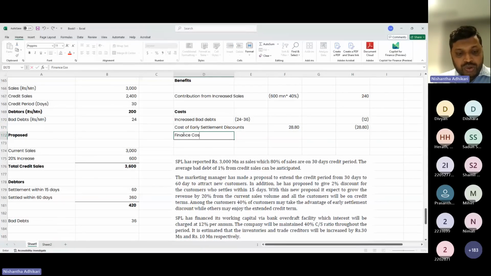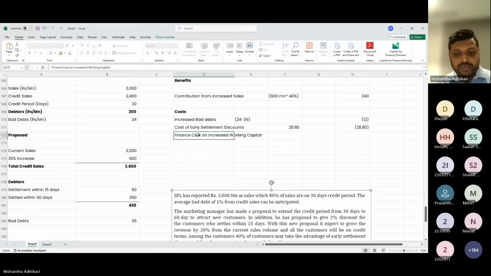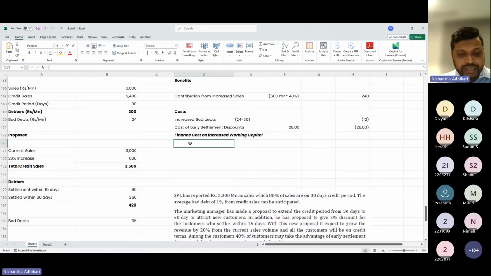Now, finance cost on increased working capital. How much is the increased debtor value? Debtors increased by 420 minus 200, 220 million.